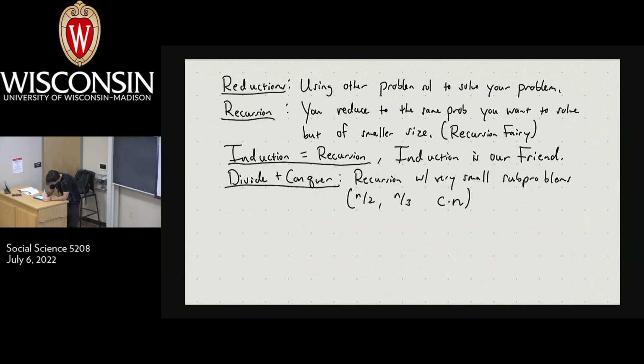Okay, the next one's called backtracking. So backtracking is a little weird because it's the one you're using most of the time, but we don't really acknowledge it. Backtracking is just recursive brute force. The key phrase here is try them all.